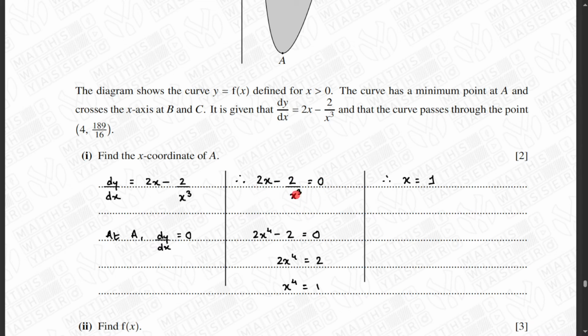If I cross multiply, x cubed with 0 becomes 0, and x cubed times 2x is 2x to the power 4. So 2x to the power 4 minus 2 is equal to 0. Or we can say 2x to the power 4 is equal to 2. Therefore, x to the power 4 is equal to 1, which means x is 1. And that is the x coordinate for the point A.